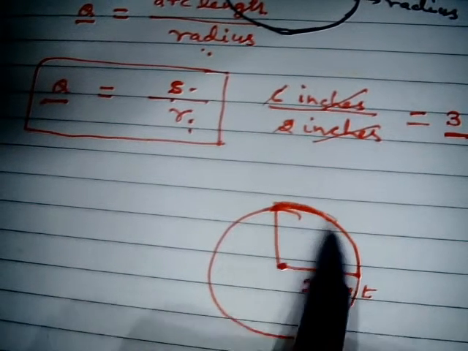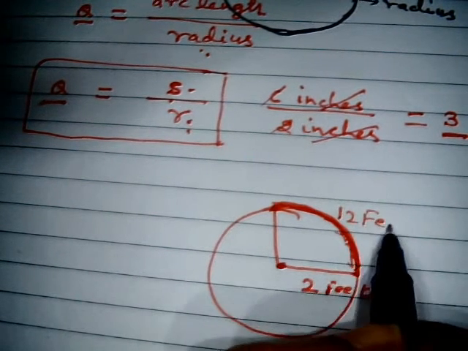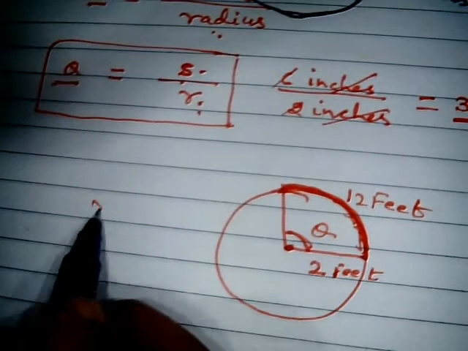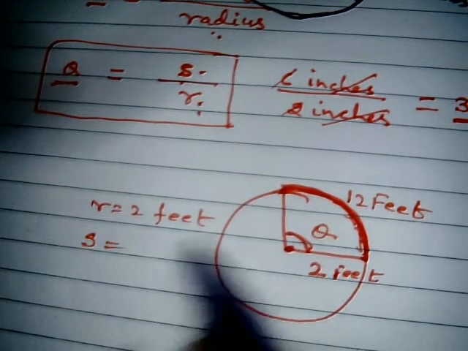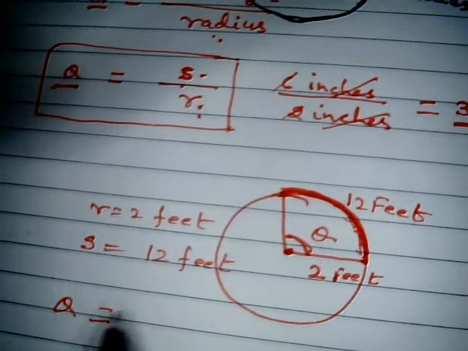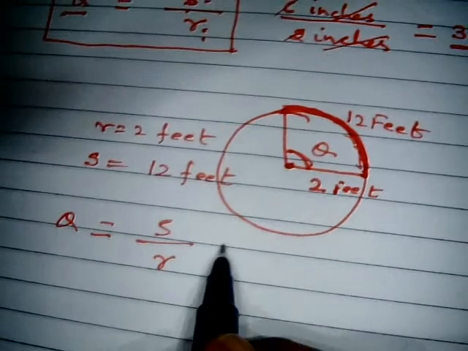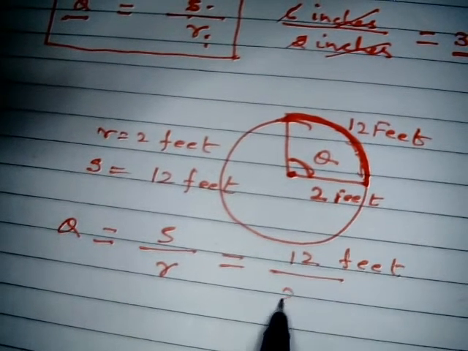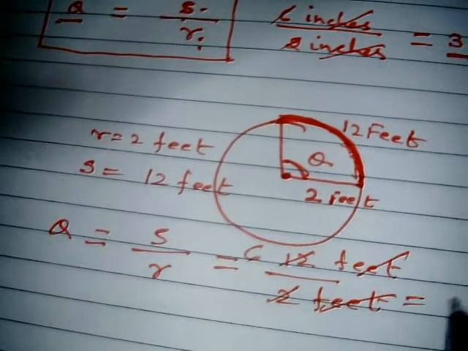I apply the formula theta equals s upon r, which is 12 feet upon 2 feet. The feet cancel out, so theta is 6. This is unitless, so this is theta in radian.